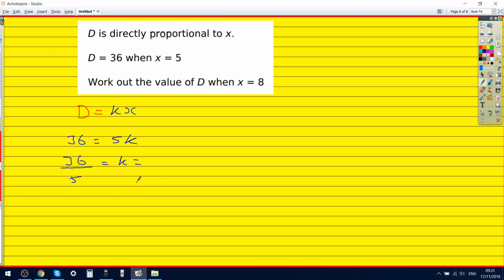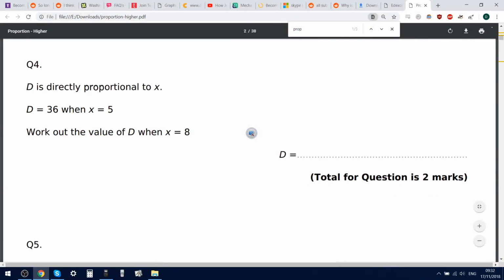And that's 7.2. And then with 7.2, do I just do 7.2 times 8? And that is 57.6. That's it. That's what a 2 marker looks like.